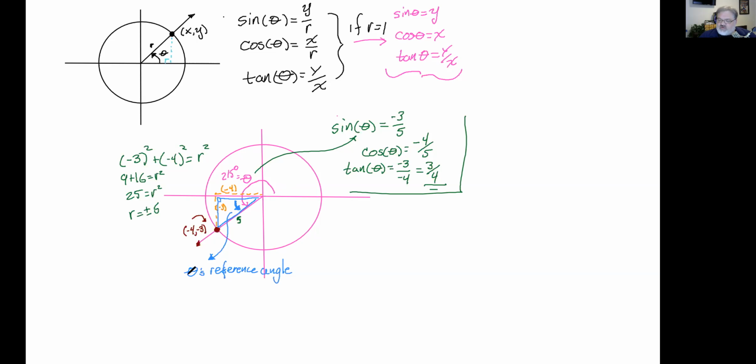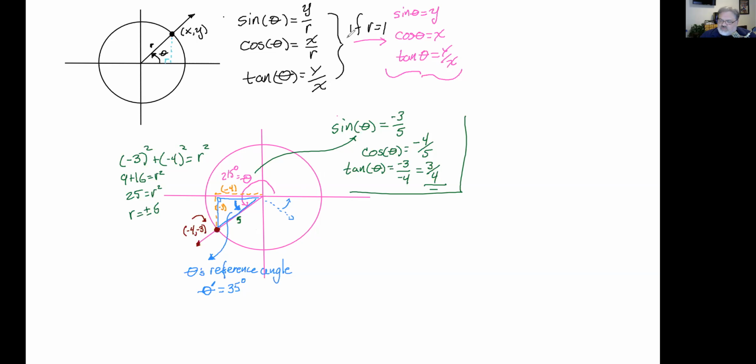So the reference angle, often written theta prime, with a little apostrophe on it, would be that 35-degree reference angle. Always positive, so always measured in the positive direction, and always between the x-axis and the terminal side. So for example, if our ray ended up here, we'd measure it still positive, but to the positive axis instead of the negative axis.